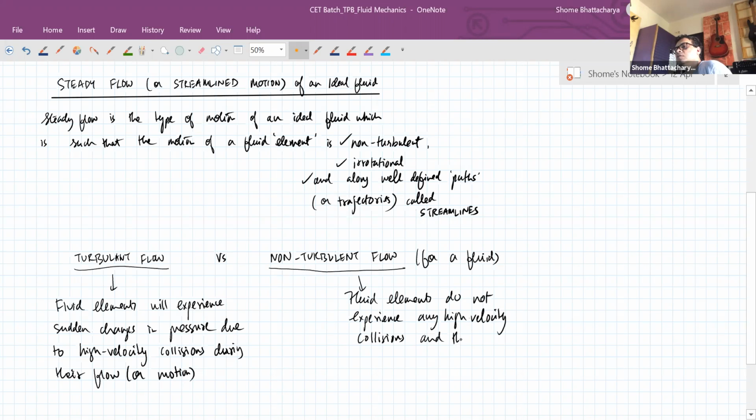And therefore, their path or trajectory is well defined.